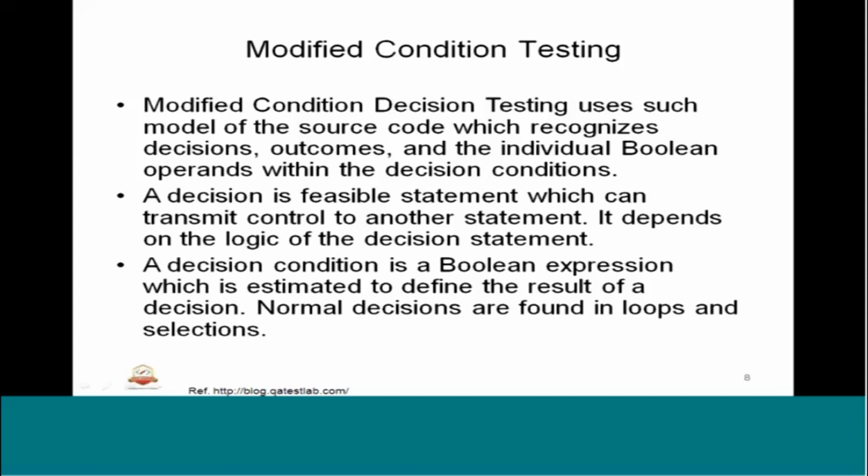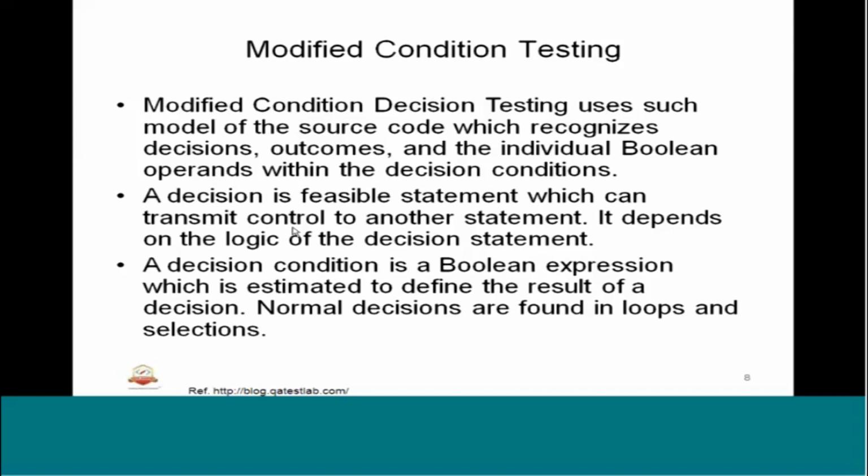A decision is a feasible statement which can transmit control to another statement. It depends on the logic of the decision statement. Again, the logic is very important here. Based on the values we drive for the logic, it is going to decide the decision output as well as the Boolean operands within the decision conditions. A decision condition is a Boolean expression which is estimated to define the result of a decision. Normal decisions are found in loops and selections again.